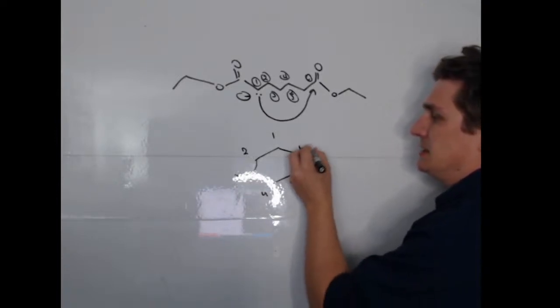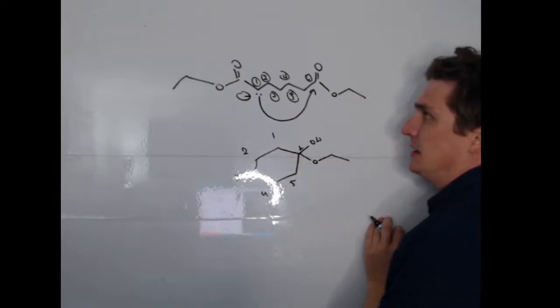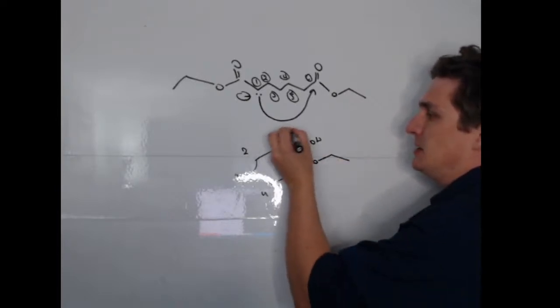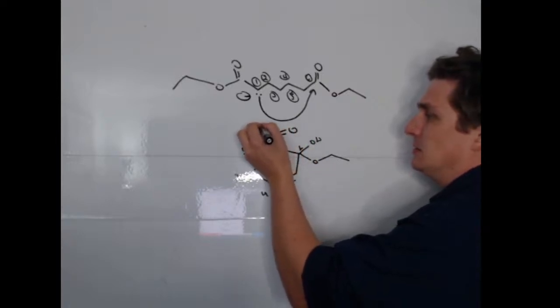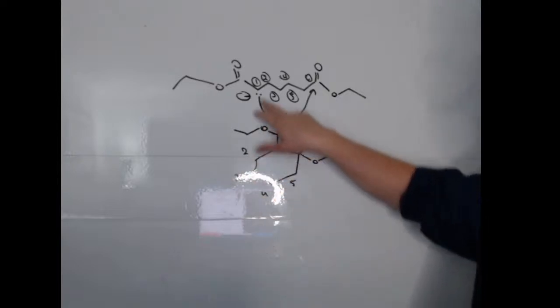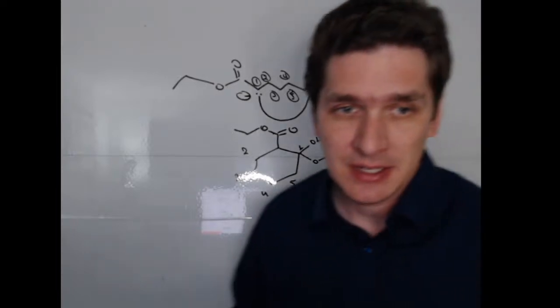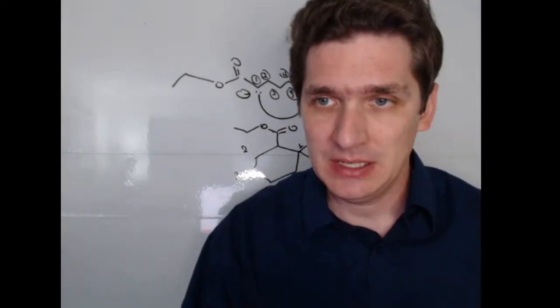Carbon 6 now has an alcohol hanging off of it and an ether. And carbon 1 now has this group hanging off of it with that branch hanging off. So again, we're just going to treat this as an aldol addition first. I doubt it will do condensation, but let's see what the key says.